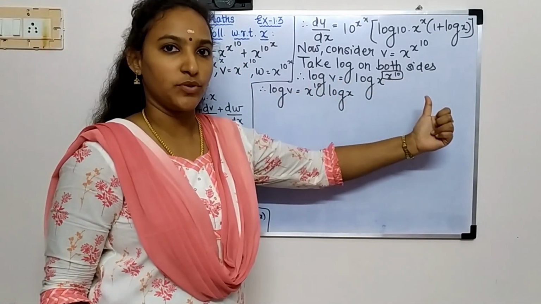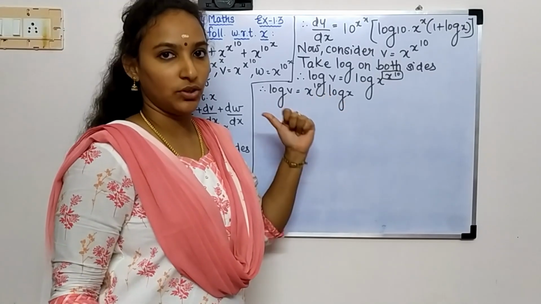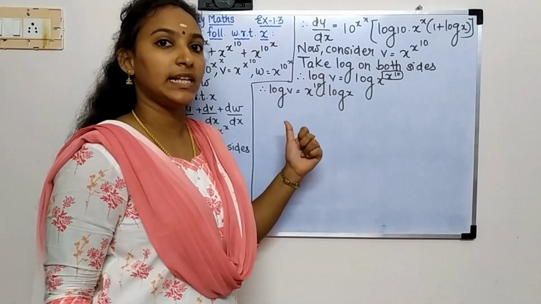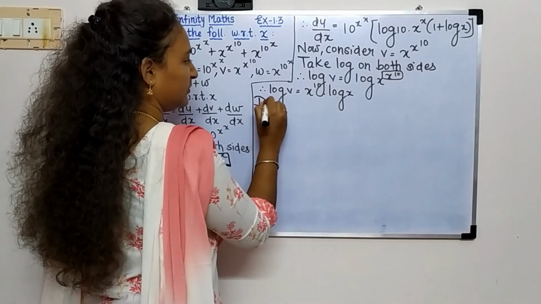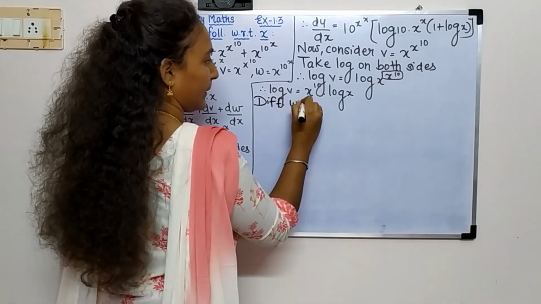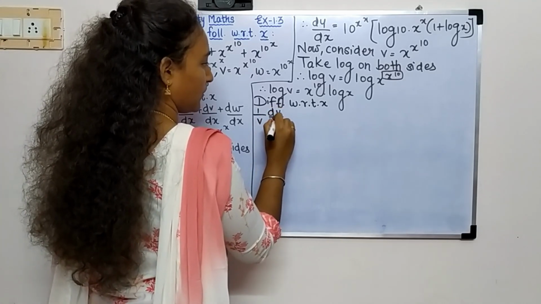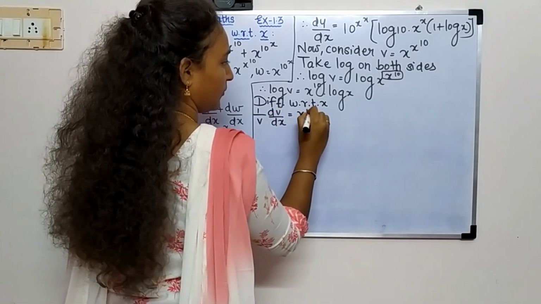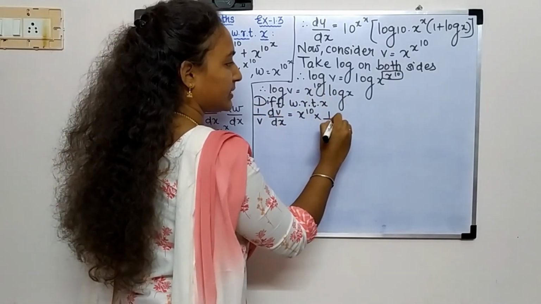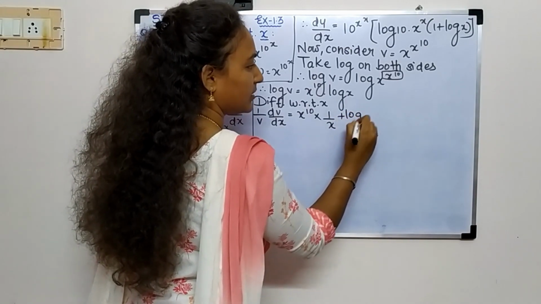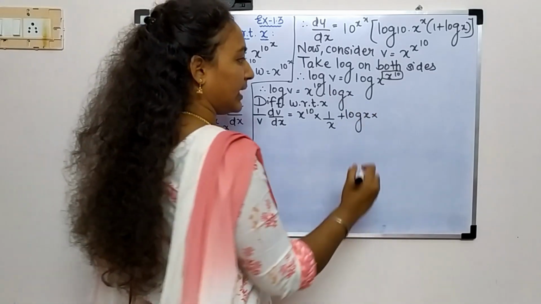After taking log on both sides, we get log v is equal to x power 10 into log x. Now we can differentiate this with respect to x. This is a product term. So x power 10, derivative of log x is 1 upon x, plus log x into the derivative of x power 10, which is 10 x raised to 9.